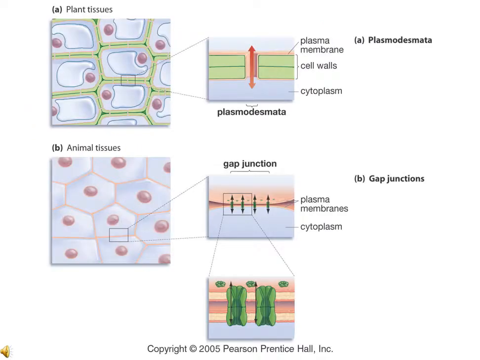In this illustration, you can see how in the tissue of a plant, individual cells come next to each other and channels are formed through the cell membrane. This is referred to as the plasmodesmata. In animal cells, you don't have a cell wall.